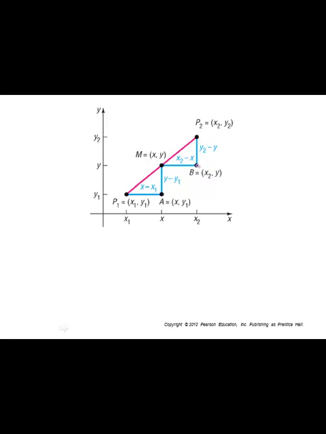And likewise for B, that's directly below P2, with y coordinate of y and x coordinate of x sub 2. So your midpoint M is going to have the same x coordinate as A and the same y coordinate as B.